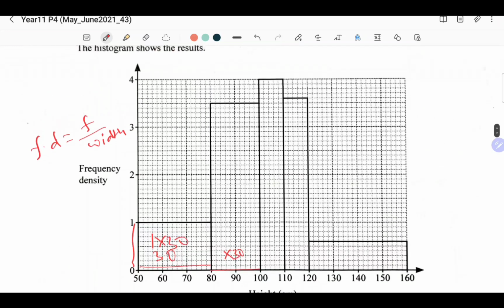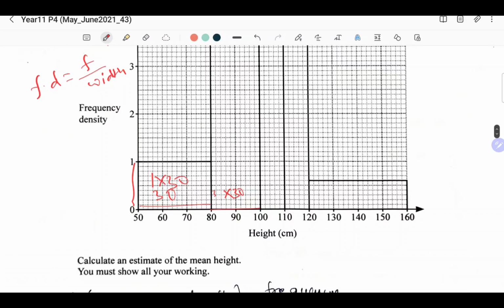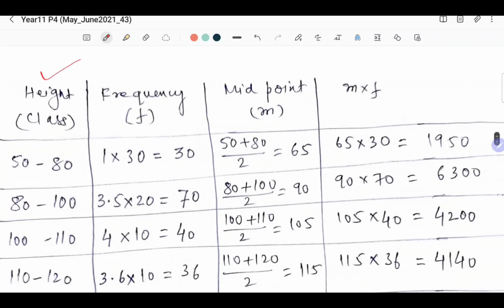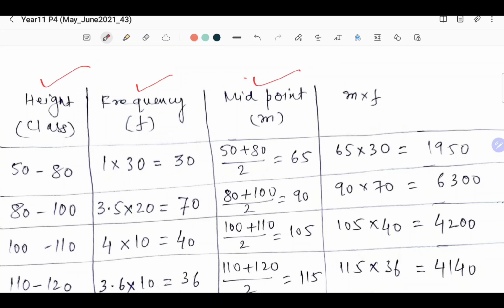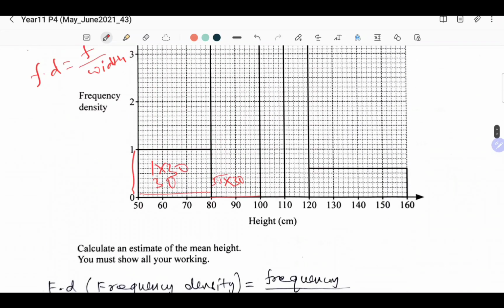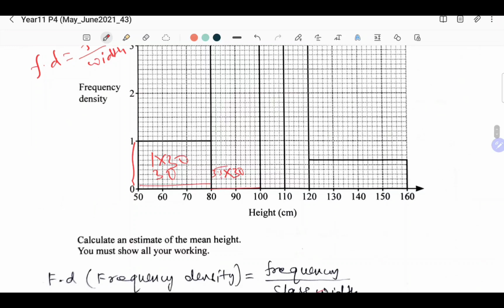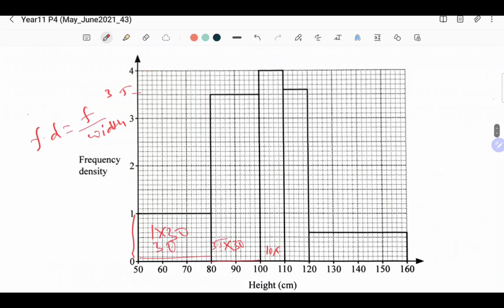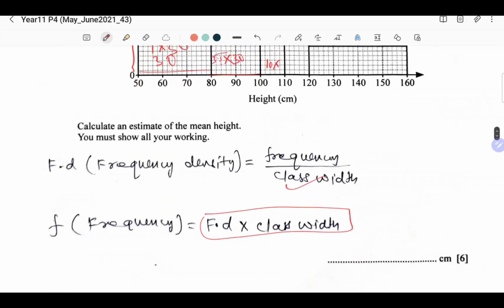and frequency density is 3.5, right? So 3.5. Here I already found it, you can check. This is height, this is frequency, and this is midpoint I found. So I'll explain how we find frequency. As you can see here, 1 times 30, 3.5 times again 30, but here width is 10 but height is 4, right?